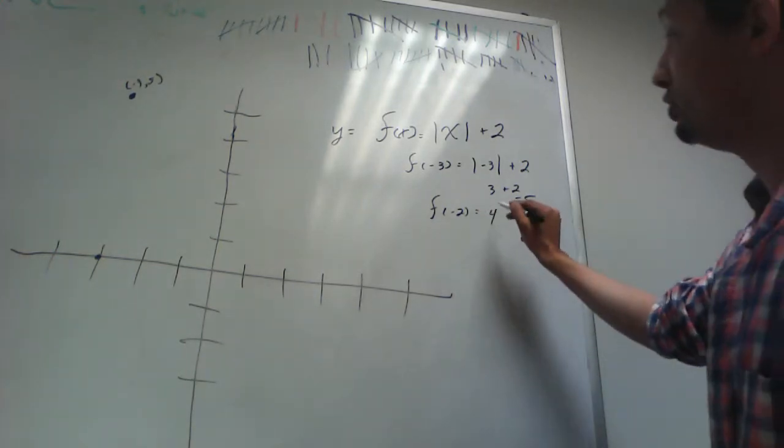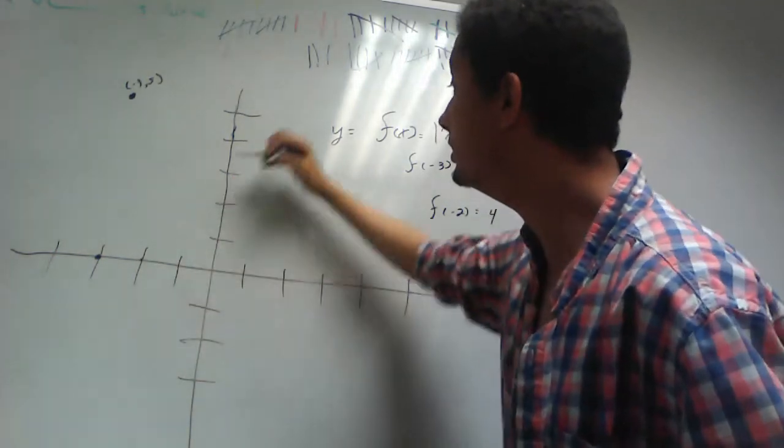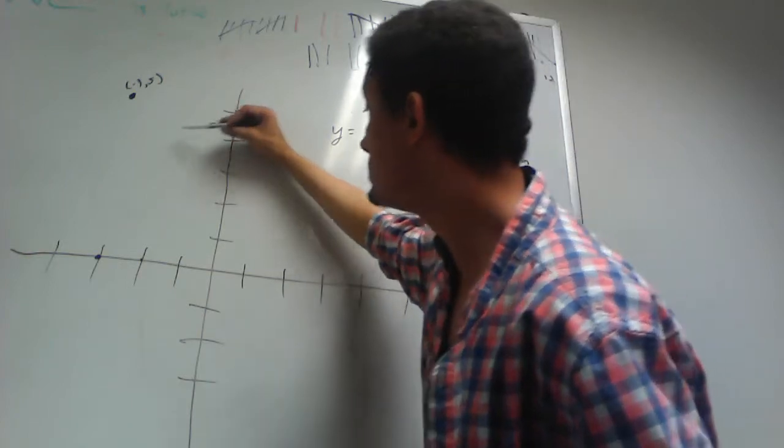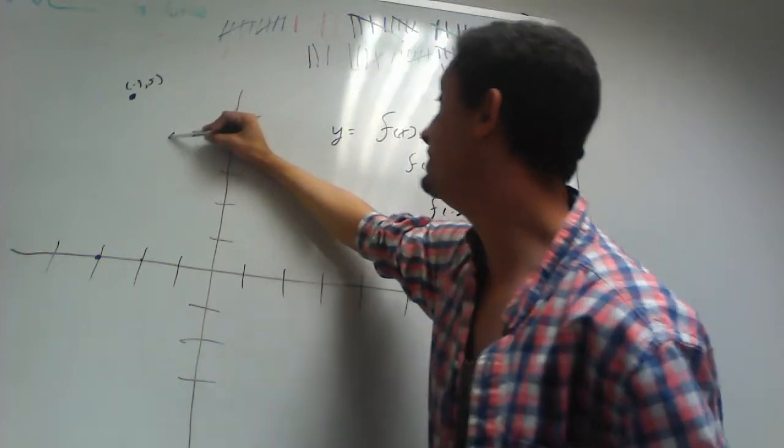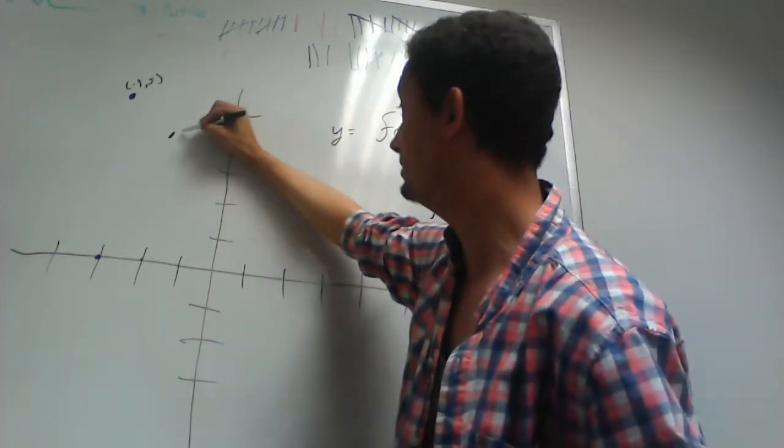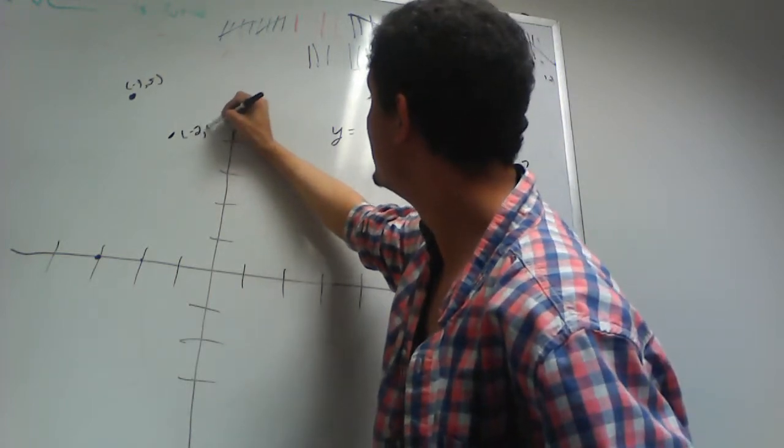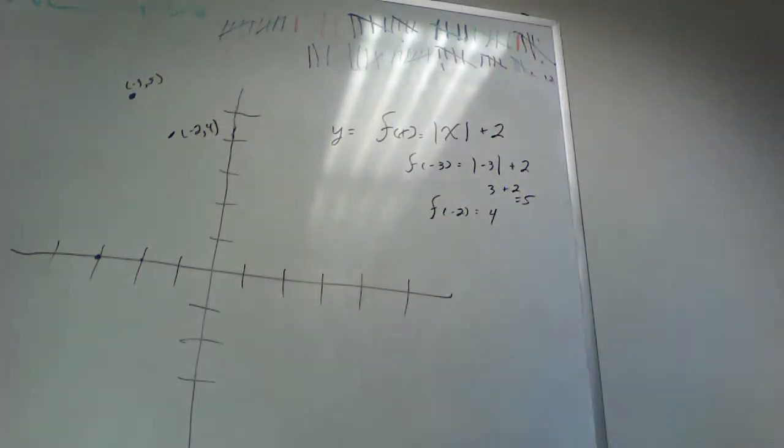We have -2 and 4. So it's going to be sloppy, but it's -2, 4.